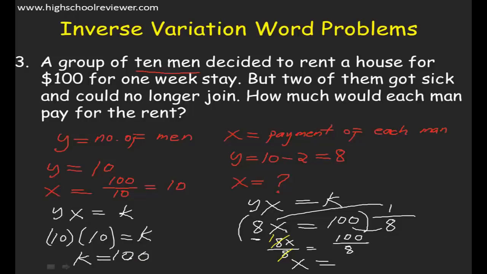And we have 100 divided by 8, that will give us 12.5. Since x is the payment of each man, this will be $12.5. So this is the payment of each man for the rent. So x is equal to $12.5, our final answer.